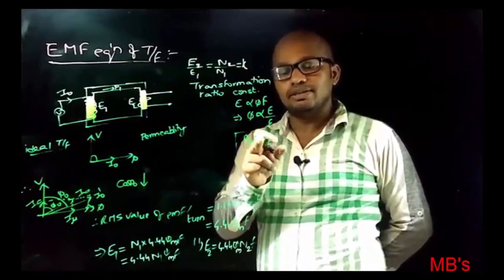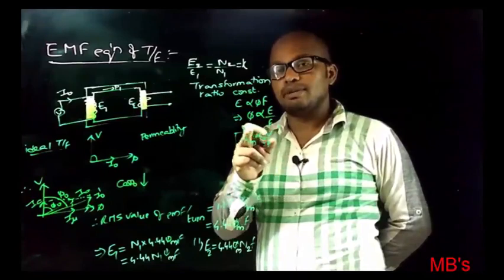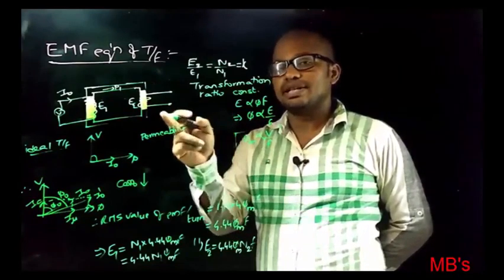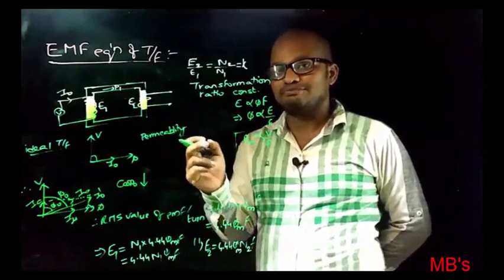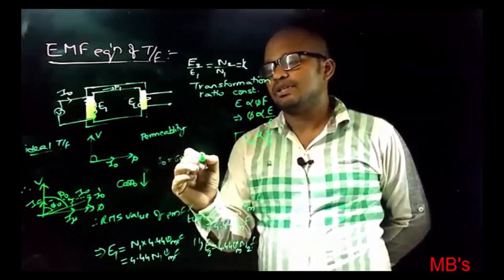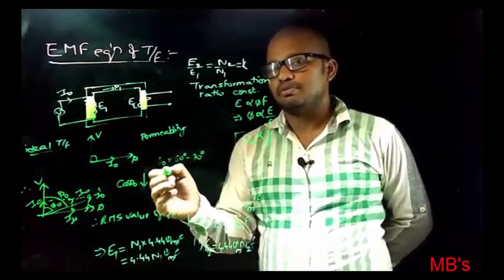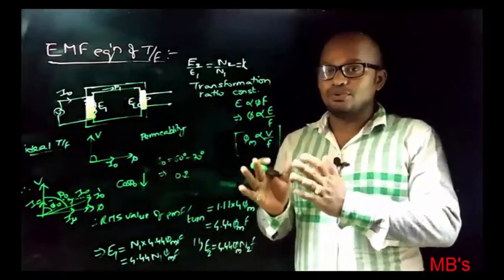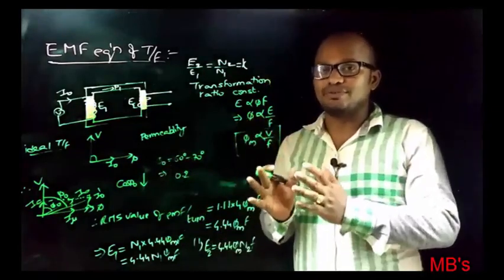By that, we can make the V by f ratio constant, and by that we can make the flux constant, so that we can save the transformer from entering into saturation. And the initial power factor angle will be around 60 degrees to 70 degrees. That implies initial power factor will be around 0.2. This is what you must note from the EMF equation of transformer.